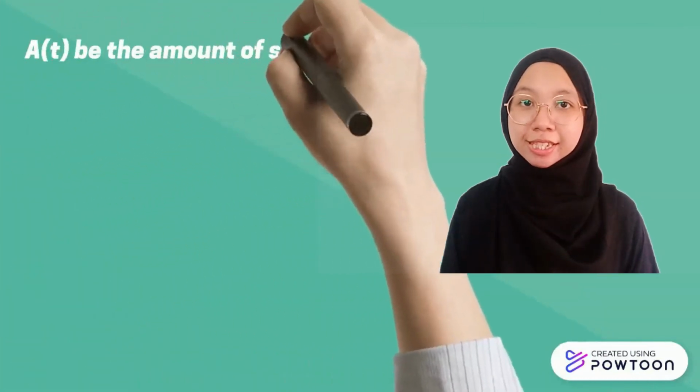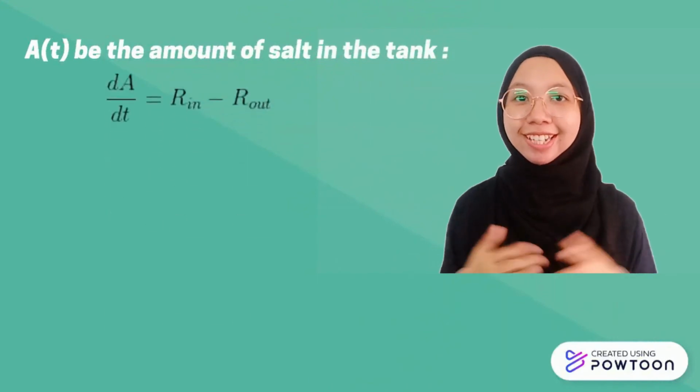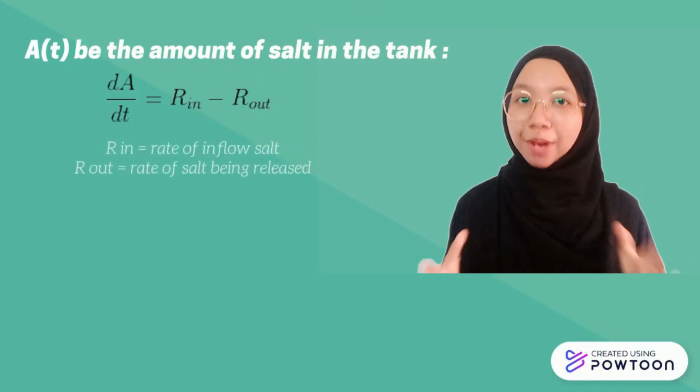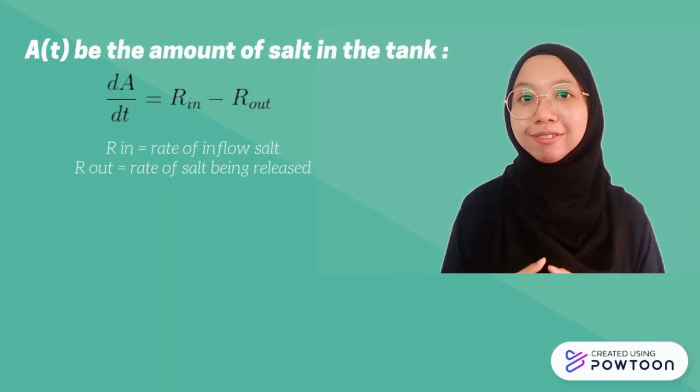If A is the actual amount of salt in grams in the tank, then dA over dt equals R in minus R out, where R in is the rate of inflow of salt and R out is the rate of salt being released.